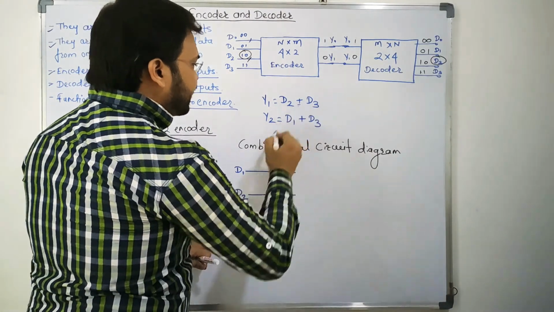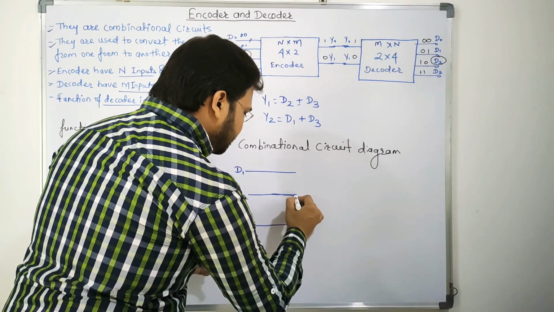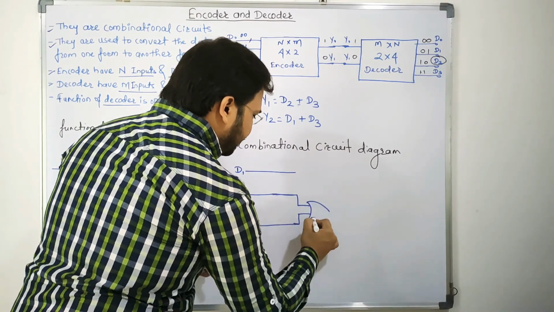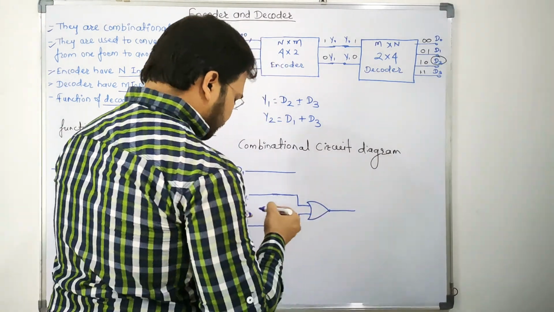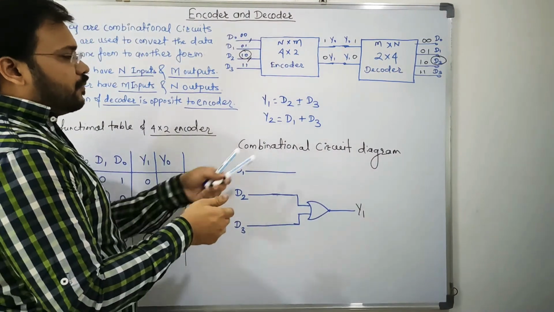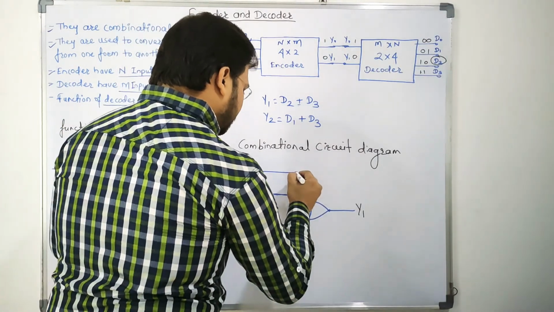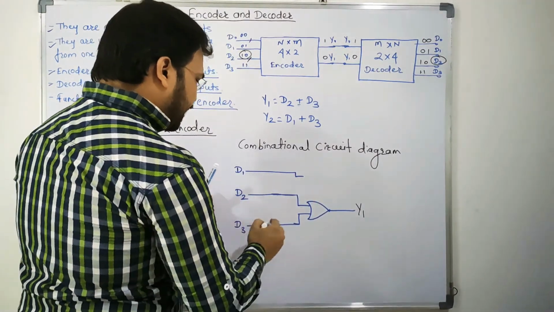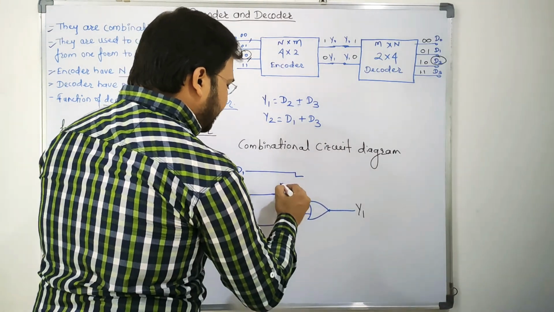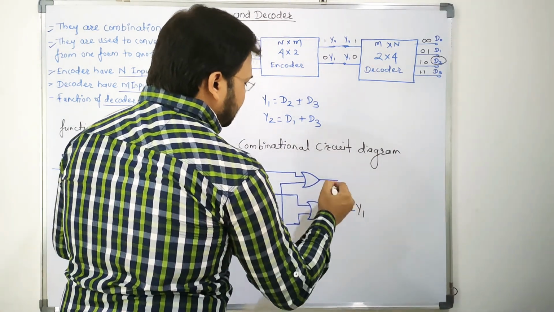Now consider D2 and D3. For Y1 it should be D2 and D3, so we take D2 and D3 from here. It is nothing but your Y1. Next Y0, D1 and D3: one line from D1 and one line from D3.